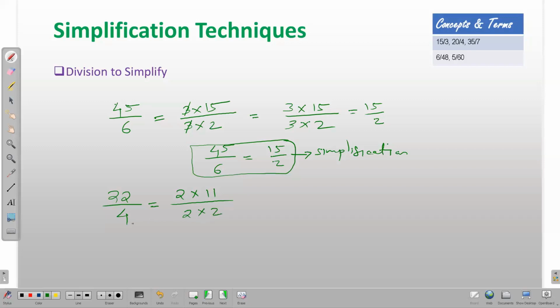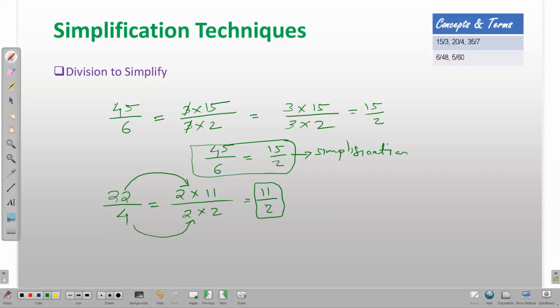This 4 became 2 times 2. This 22 became 2 times 11. Cut the common numbers. Equals 11 by 2. You cannot make it smaller than this because there are no common things.